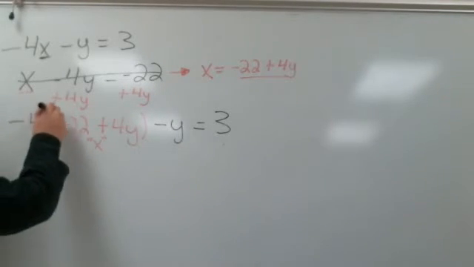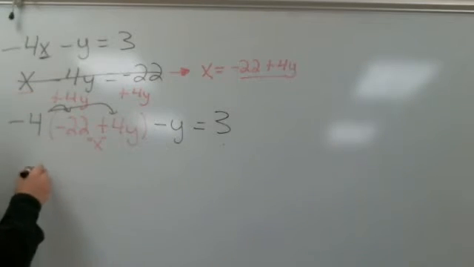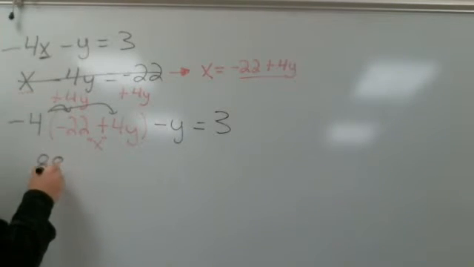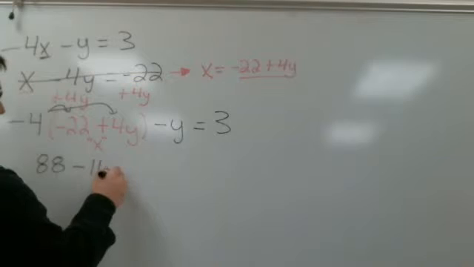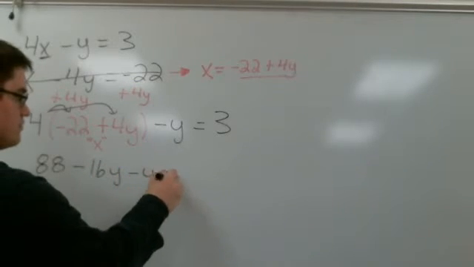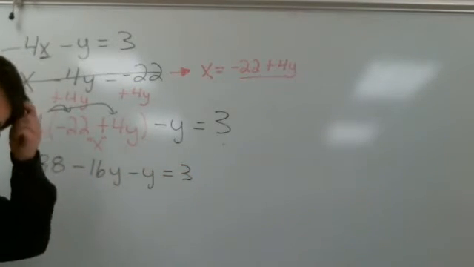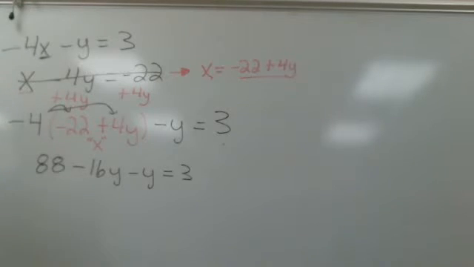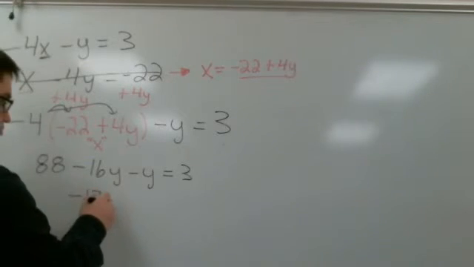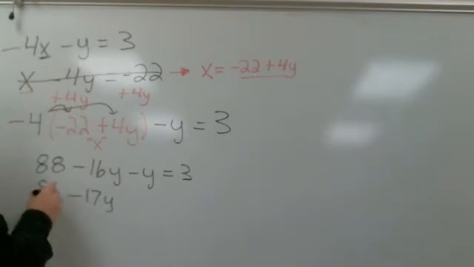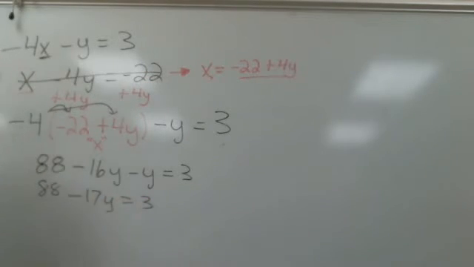Now I can solve. Distribute. You get 88 minus 16y minus y equals 3. Combine like terms. Subtract 88.